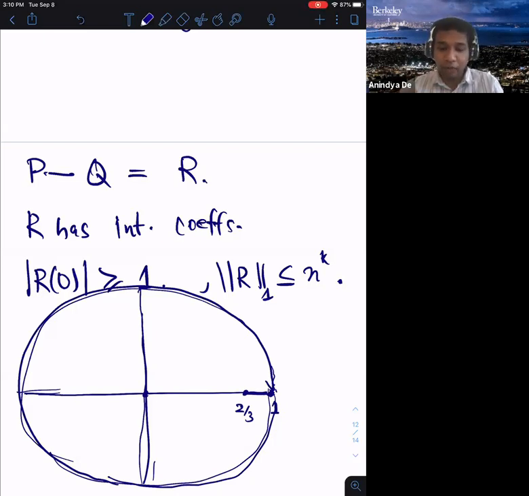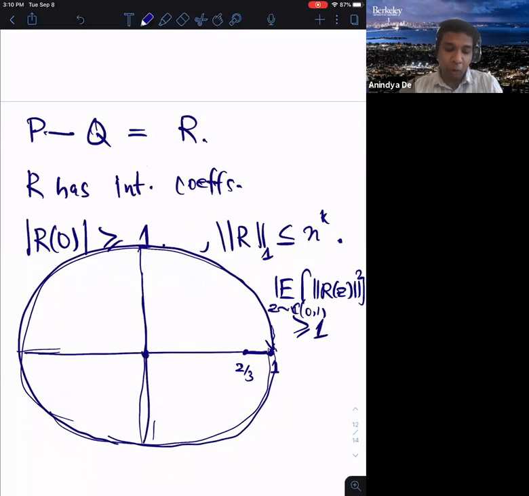So the average value of the norm of r(z) squared, when z is chosen from the unit circle, is at least 1. On the other hand, I also know that at the center, r(0) is always at least 1.